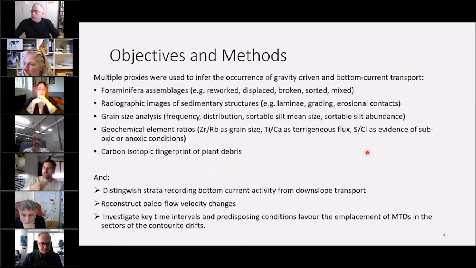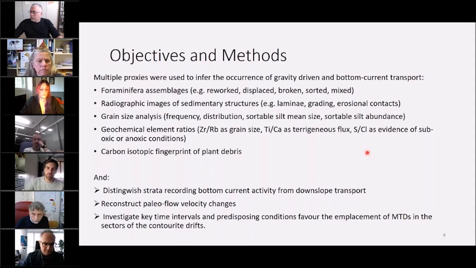Afterwards, we tried to distinguish the sediments which recorded bottom currents from those which recorded downslope transport. From the bottom current sediments, we tried to reconstruct the paleoflow velocity over time, and then to investigate the conditions which predisposed the emplacement of these two large mass transport deposits.